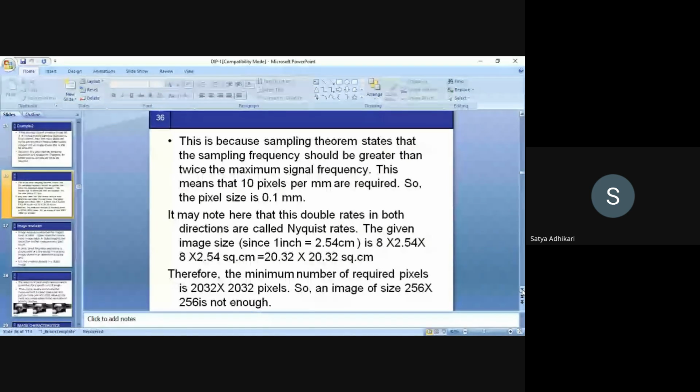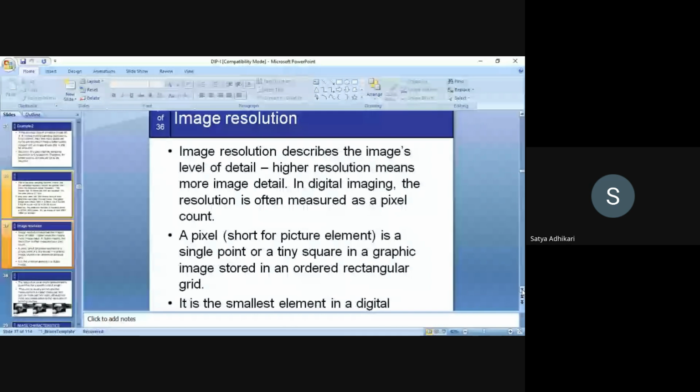If the pixel cycle is 5, twice it is 10 pixels. If 10 pixels are there, we need 1 inch as 2.54 mm. We know that, so 8 into 2.54. Okay, so image resolution we will start from the next class.